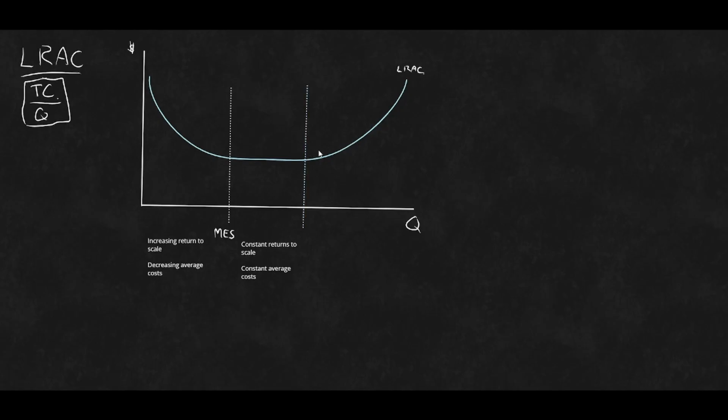After which time, though, we get into this last section of our long run average cost curve. I started off with returns to scale, so let's keep it consistent: it is a decreasing returns to scale, or an increasing average cost.